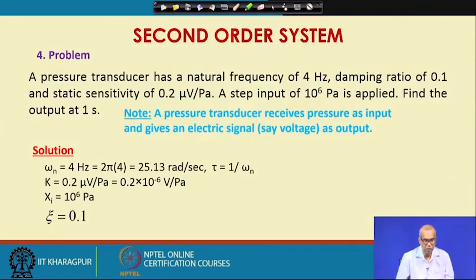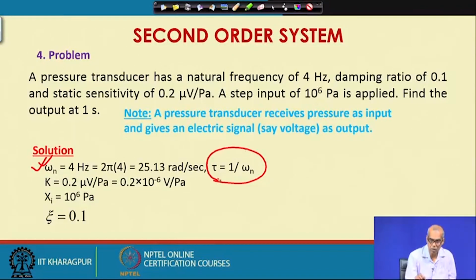So, all the information is given. Omega n is given, tau can be obtained as 1 by omega n. So, the frequency of oscillation is given, from which the time constant tau can be obtained. Static sensitivity is given, K as 0.2 microvolt per Pascal.